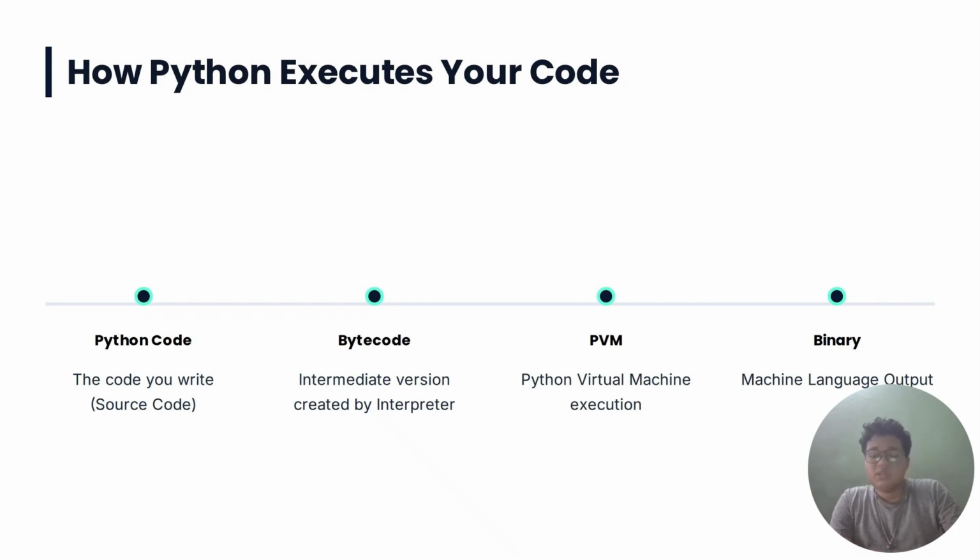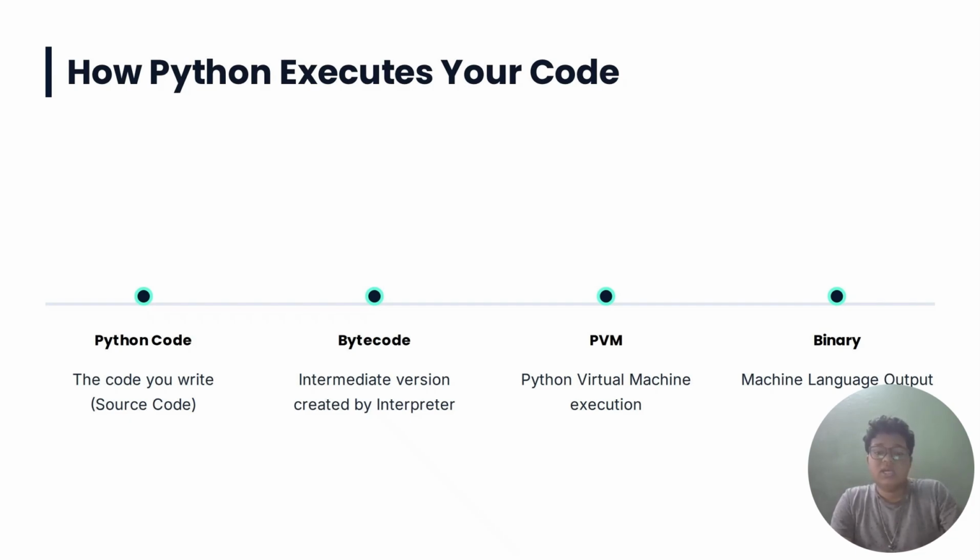This is the version that is converted and created by the interpreter from the source code that we write. Then comes the PVM. This is the third part. PVM stands for Python Virtual Machine. In this part, the Python Virtual Machine does the execution of the intermediate version created by the interpreter, that is the bytecode.